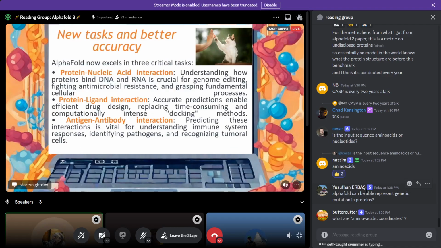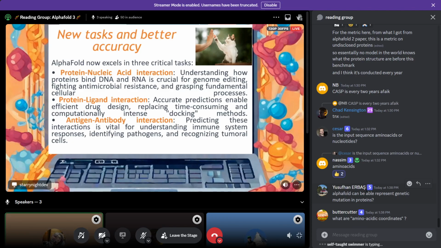I will switch to what AlphaFold is actually doing new. So far we talked about protein folding. AlphaFold is able to fold proteins. Not big news. AlphaFold 2 was also able to do it, and really well.